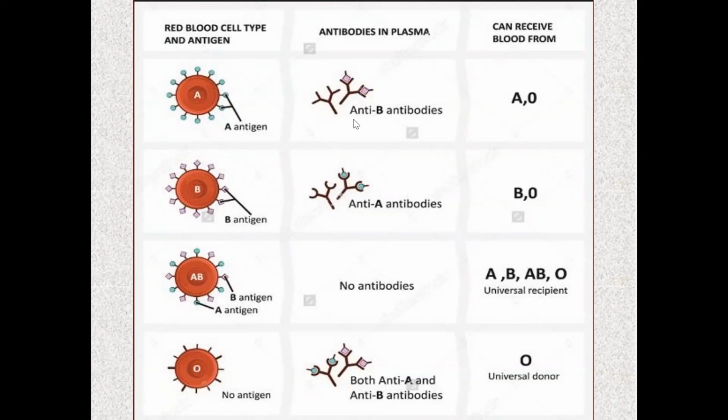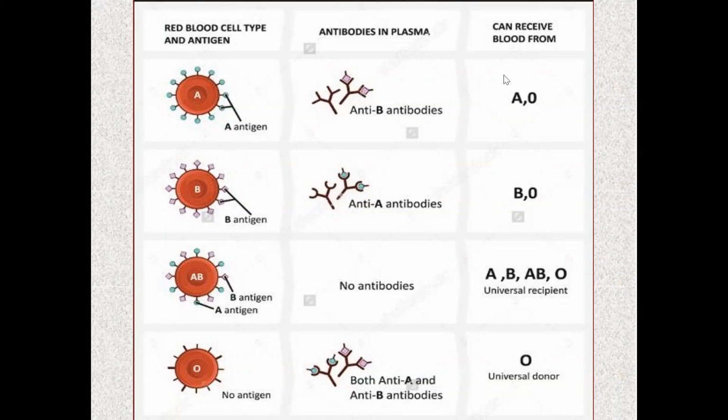Okay, meron siyang antibodies against B antigen. Kaya nga class importante na pag nagtatransfuse ka ng blood sa isang recipient, dapat compatible yung blood type ni recipient and ni donor. Okay? So, yung blood na pwedeng ma-receive ng isang tao na may blood type A ay A and O.